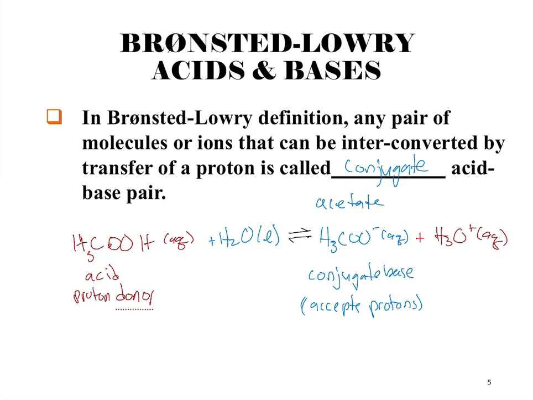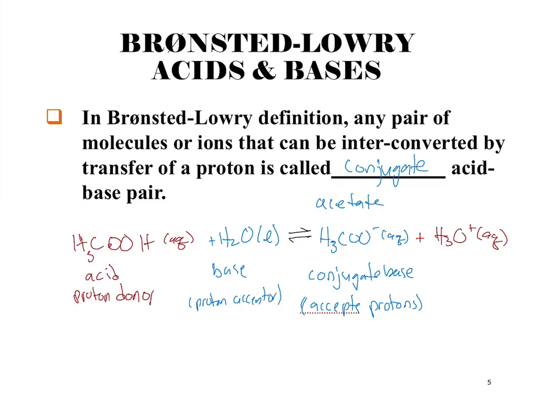All right, so in this case, what does water act like on the reactant side, going in the forward direction for this reaction? It acts like a base because it's a proton acceptor. And that means that hydronium wouldn't be its conjugate base, it would be its conjugate what? It would be its conjugate acid. Because after water has accepted a proton to become hydronium, going in the reverse direction, this hydronium would donate a proton to the acetate.